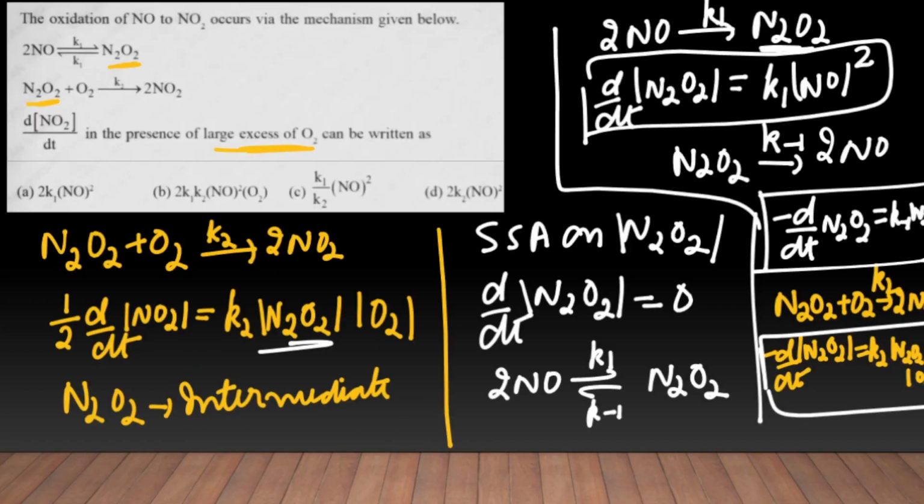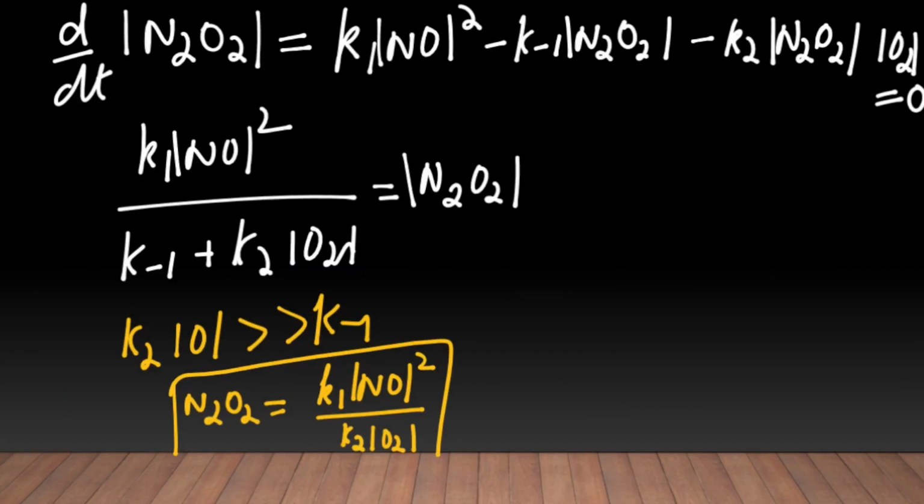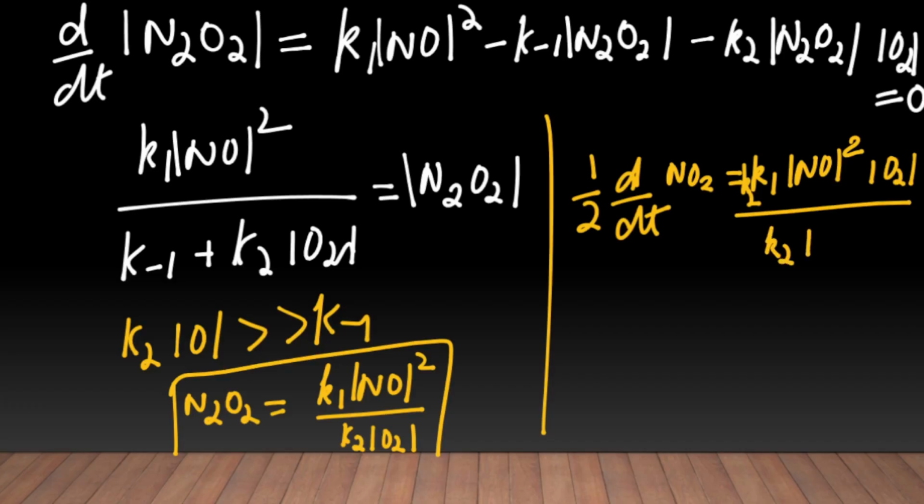So now in the final rate expression, that was for d[NO2]/dt, it was half of d[NO2]/dt. This will be equal to k2 times [O2] into k1 times [NO]^2 upon k2 times [O2].